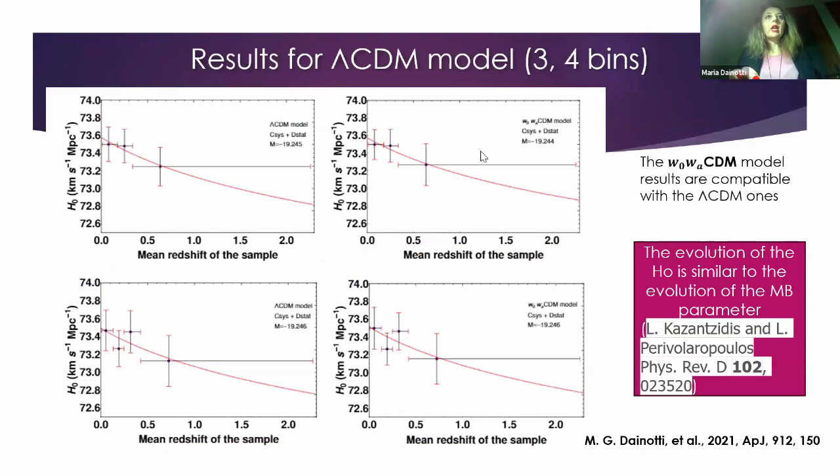Now, these redshift bins have been constructed in a way that for each bin we have the same number of supernovae. But of course, this criterion can change. And actually, we are thinking about using different criteria, for example, the same volume.